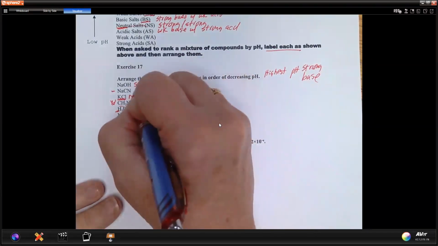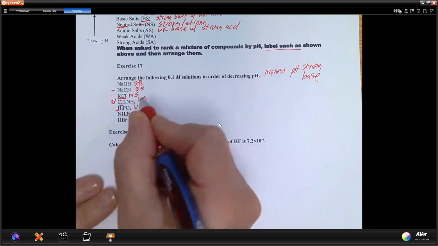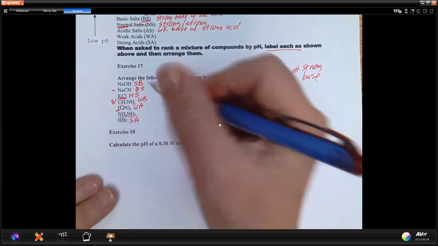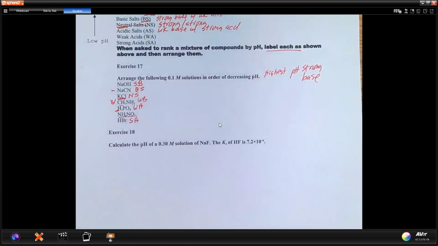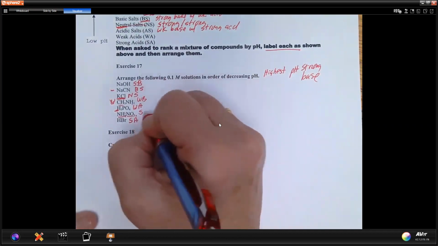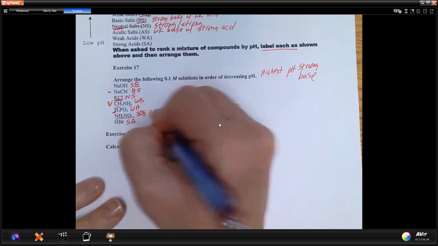So this is a basic salt. And then my NH4NO3 would have come from NH3, which is ammonia, a weak base, and nitric acid, which is one of my strong acids. So this is an acidic salt.